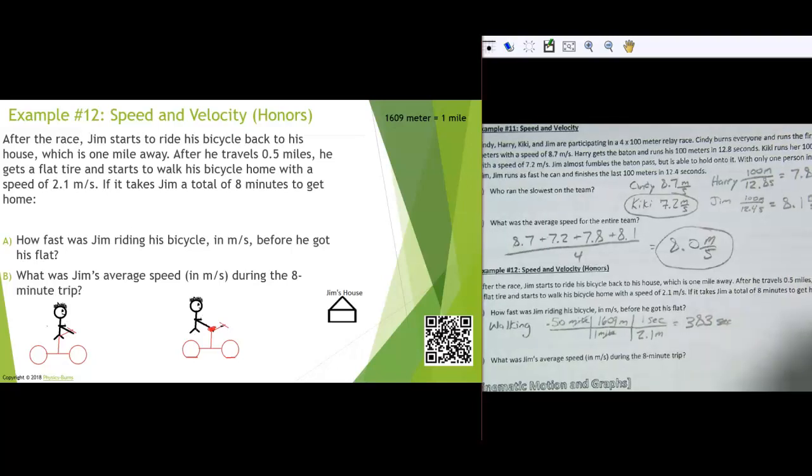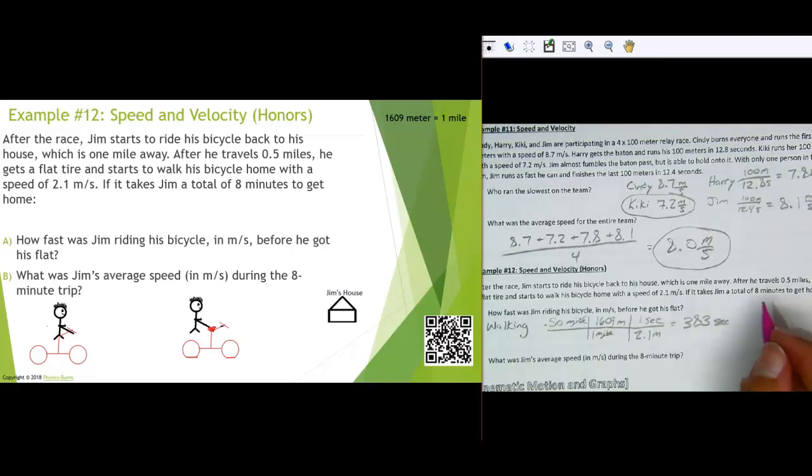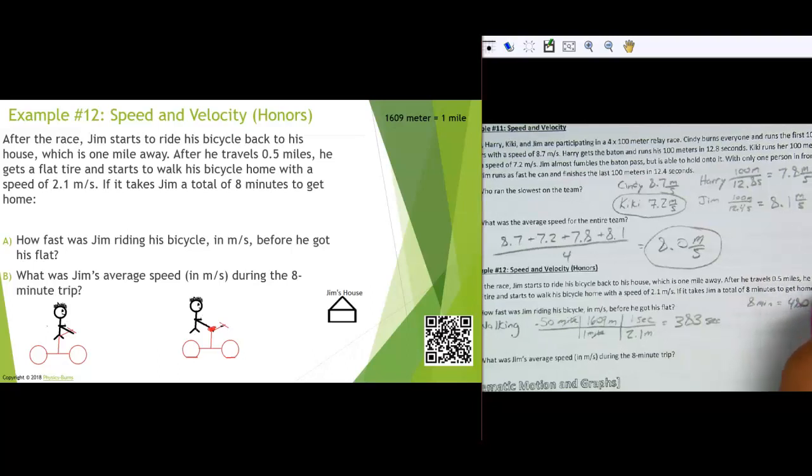Now, the total time it took was 8 minutes, which is equal to 480 seconds. If I subtract the total time minus the time he was walking, I get 97 seconds.